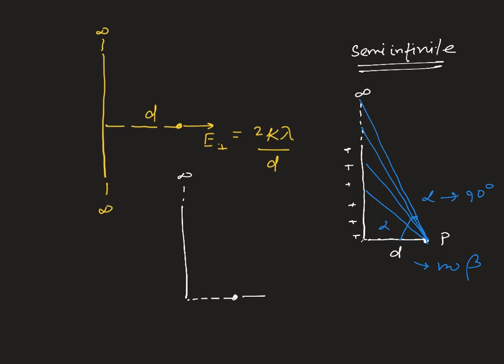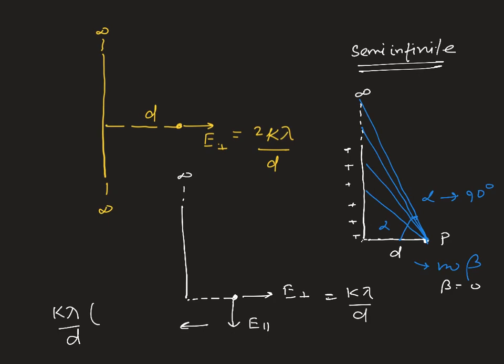Let's talk about E perpendicular first. Do we remember the formula for E perpendicular? That was k lambda by d into sine alpha, that is 1 because sine 90 is 1, and sine beta because beta equals 0, so that becomes 1. And what will be E parallel? If you remember the formula, k lambda by d into cos beta, that is cos 0, and what is cos 0?